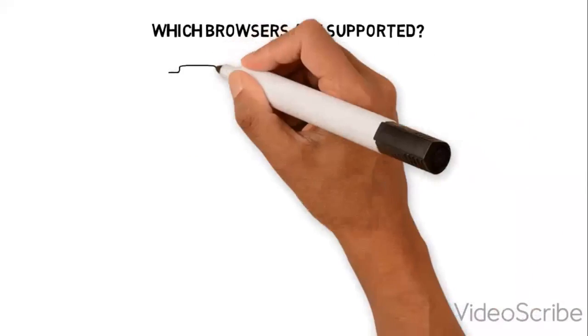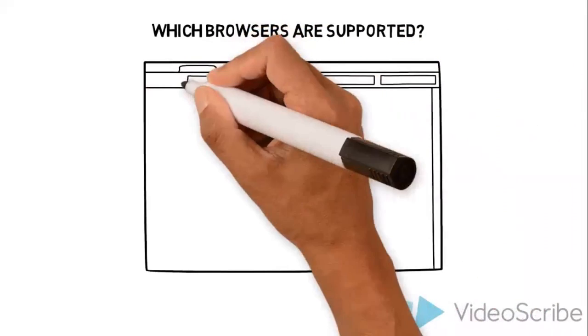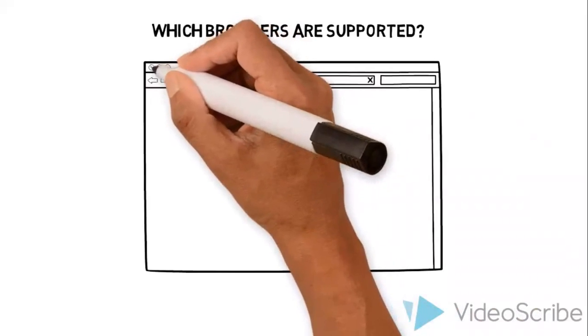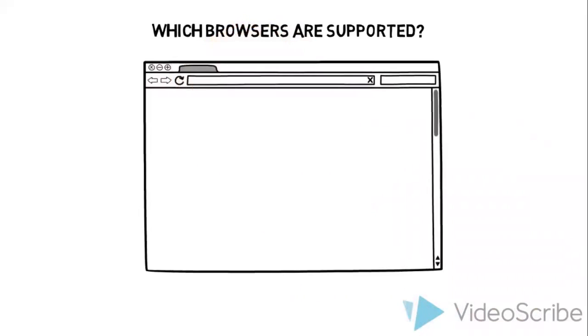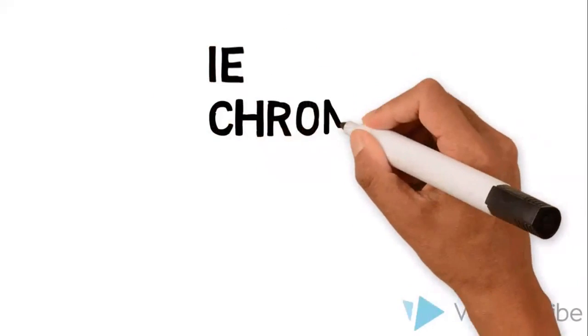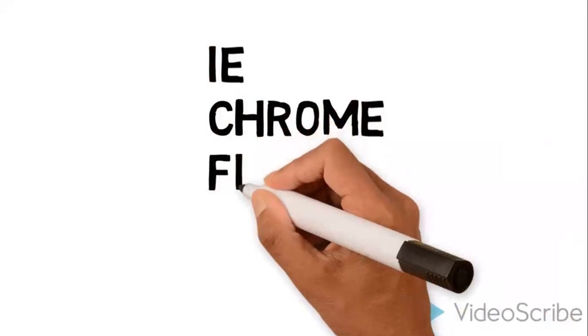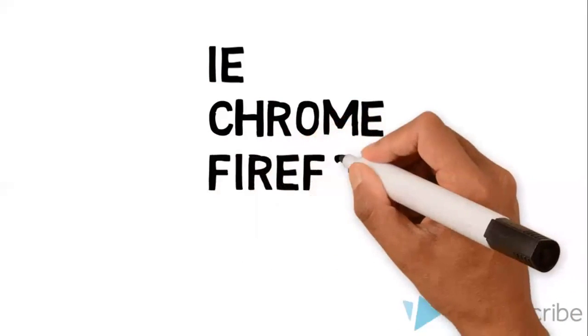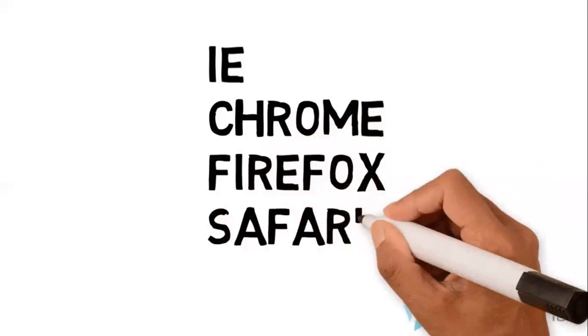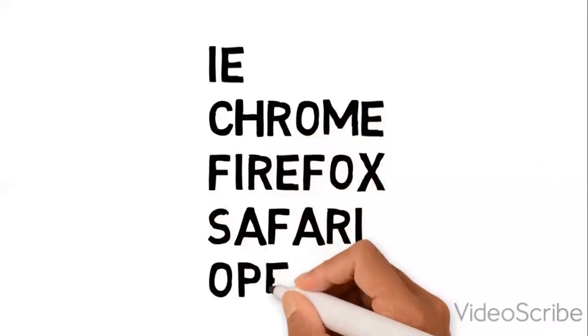Now, the next thing is, which are the different browsers that this Selenium WebDriver can work with, right? That's a very interesting question, because today the customers who are trying to use applications are primarily using web browsers to access the softwares. So it's very important to know which are the browsers that the tool supports. The Selenium WebDriver supports Internet Explorer, it supports Chrome browser, it supports Firefox, it supports Safari, and it supports Opera.